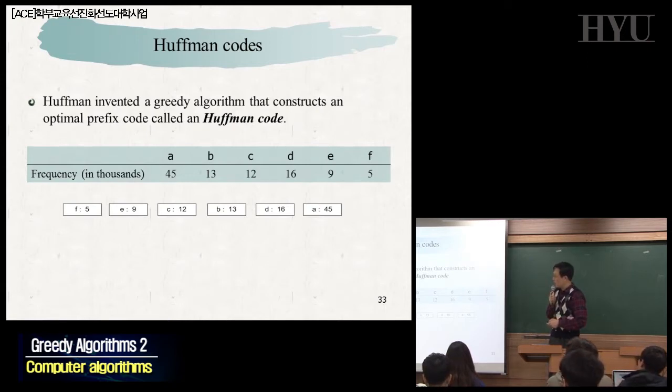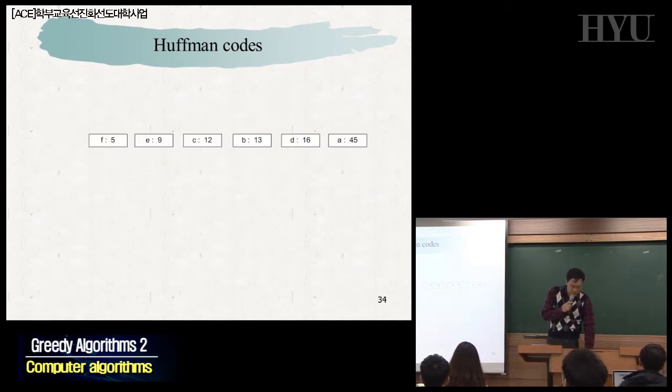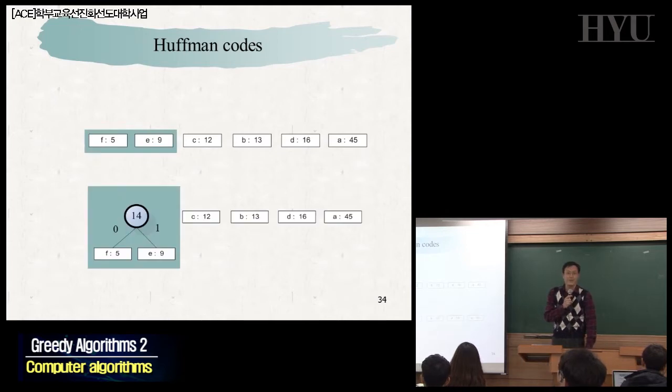First, we enumerate all characters, and then we select two least frequent characters, and then merge them. And we add these two frequencies and make this.